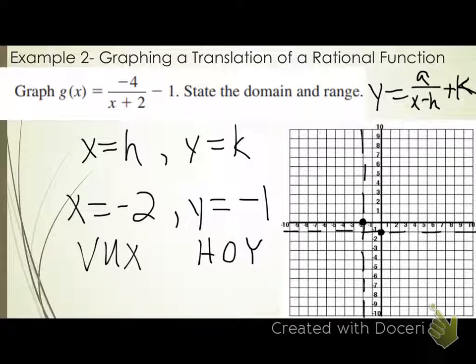You may have to use some parentheses to get that division in there. So parentheses, -4, divided by, use some more parentheses for x plus 2, minus 1. That's how I type it in, exactly like that.